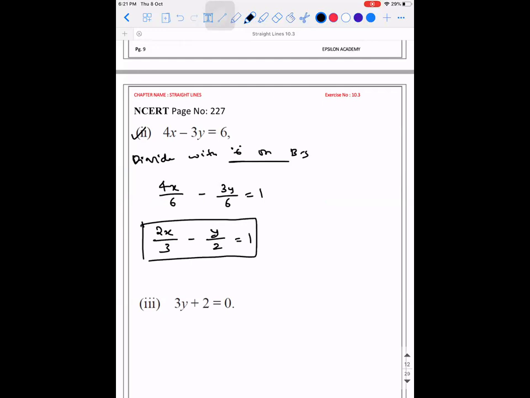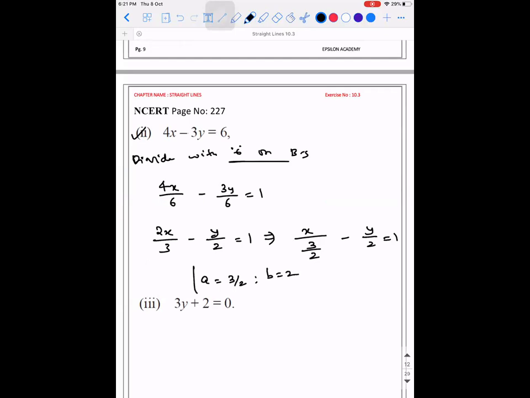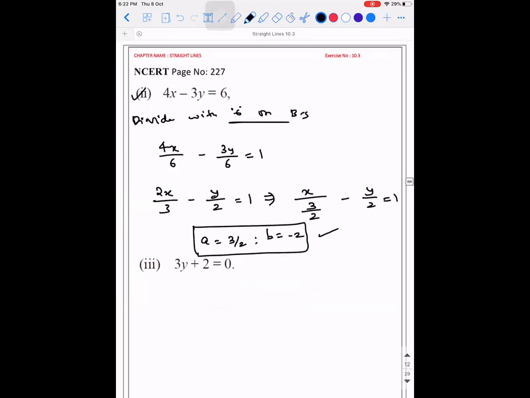So how to write this is x divided by 3 by 2 minus y by 2 is 1. So a is 3 by 2, b is 2. B is minus 2 actually. Okay, a is 3 by 2, b is minus 2. Similarly, 3y plus 2 is equal to 0 means y is equal to minus 2 by 3.